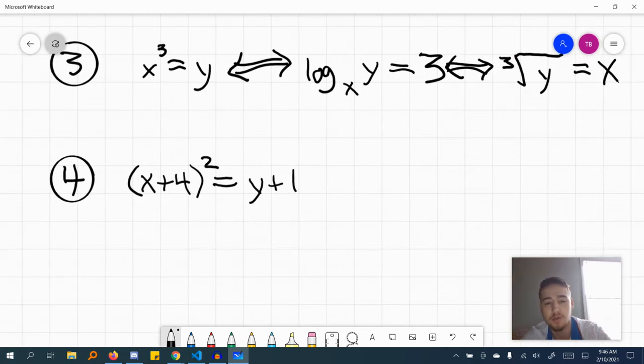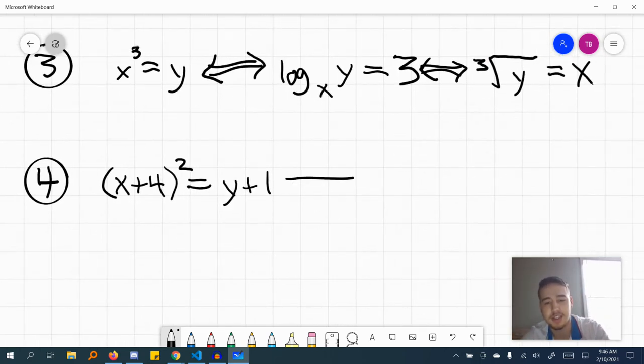Finally, we are going to translate this the exact same way that we have been. It's not going to line up perfectly because the expression's a little longer, but let's turn this into a logarithm function. We will have the log base (x + 4) of y + 1.